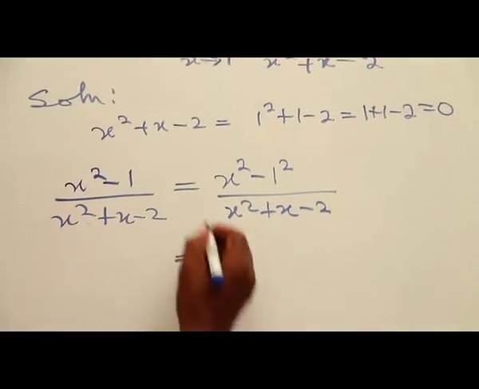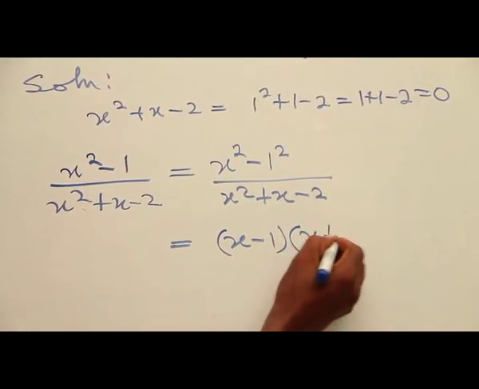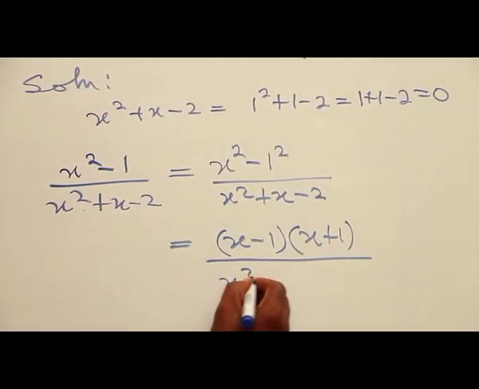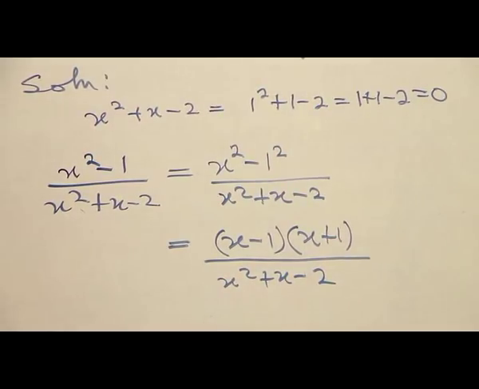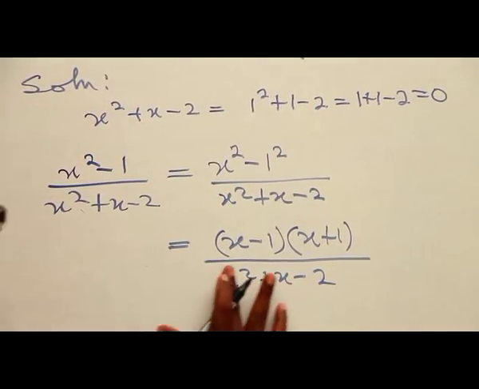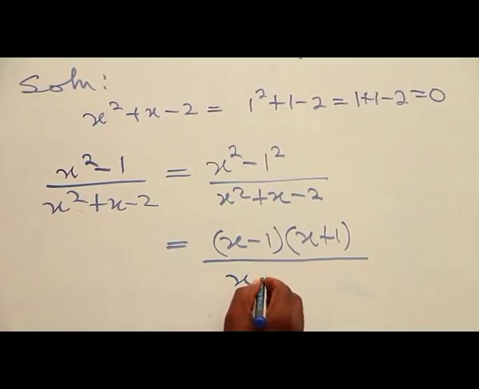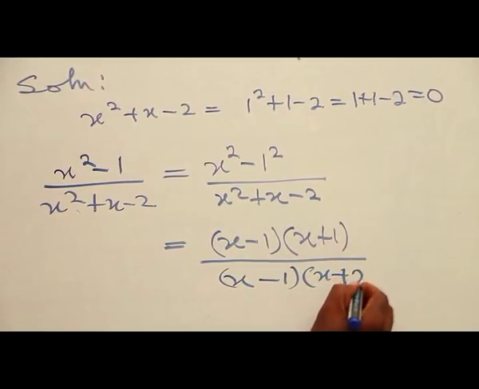The numerator becomes s minus 1 and then s plus 1, and everything here will be divided by s squared plus s minus 2. Now let's see how we can factorize this. It's possible to factorize this: s minus 1 and s plus 2.